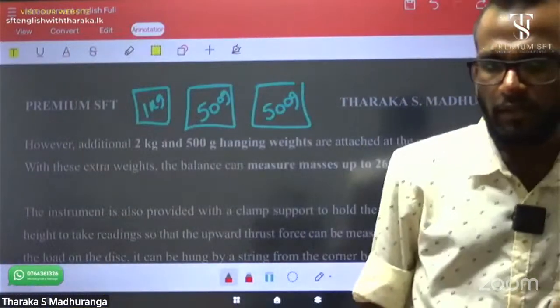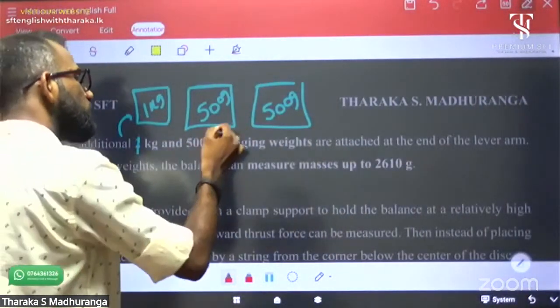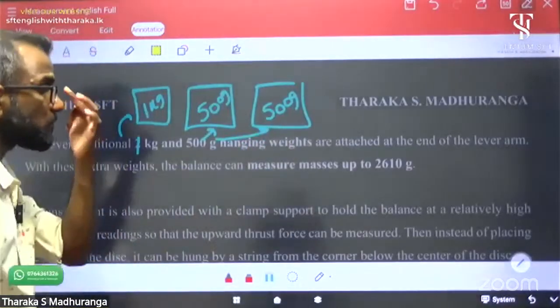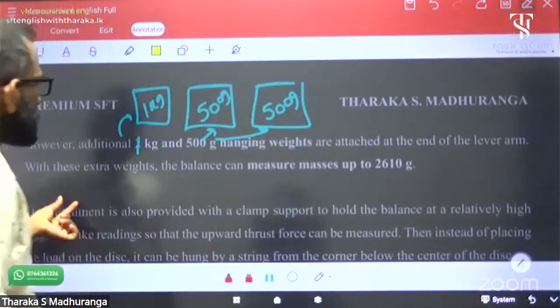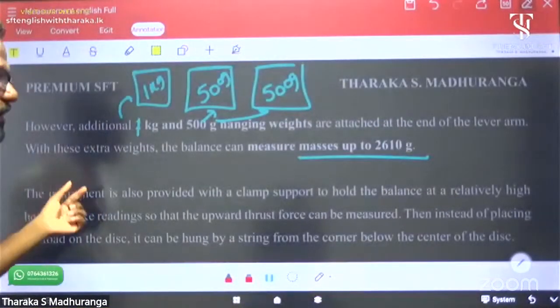It is not 2 kilogram. With this extra bar, the maximum is 2610.